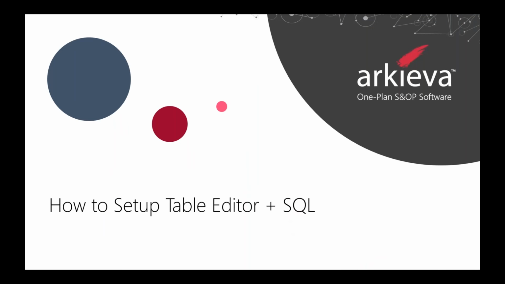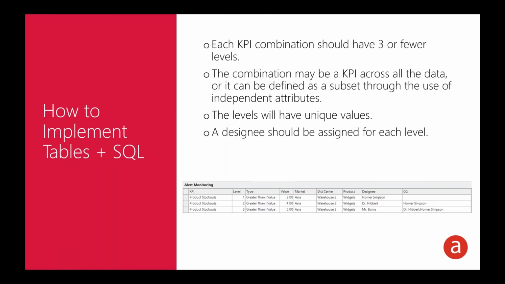And if we dive into a little bit of the details, I want to show you what it would look like. So what you would need to do is you go through your KPIs, right? And for each one of these KPIs, you're going to set up what your tiers are going to be.